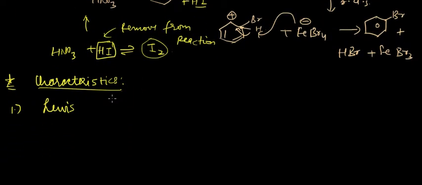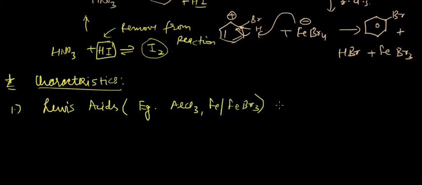So the Lewis acids, for example AlCl3 and FeBr3, used in the reaction are anhydrous.